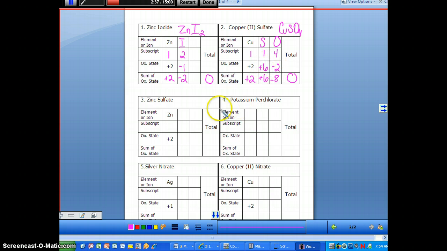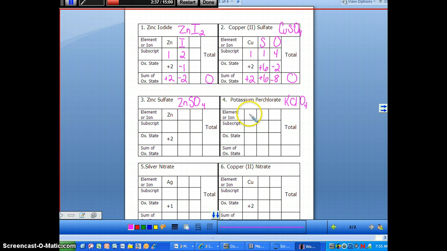Well, that's that one. I'm going to let you do zinc sulfate on your own. It's very similar to copper sulfate. ZnSO4 is your formula. And the final example we're going to do together right now is potassium perchlorate. You should have KClO4 here.